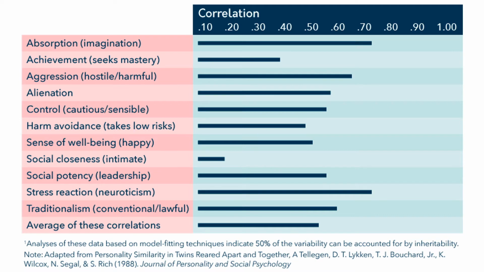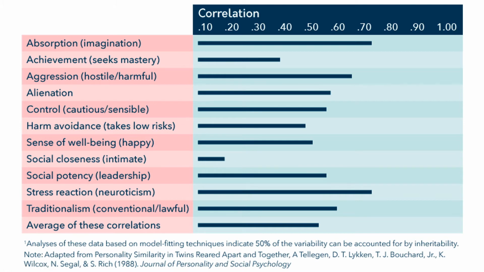To interpret this, the higher the correlation, the more similarity there is between these twins. We'd see very high correlation for absorption and for stress reactions, which are related to imagination and neuroticism, respectively. And then we'd see very low scores with things like social closeness, which is related to intimacy.